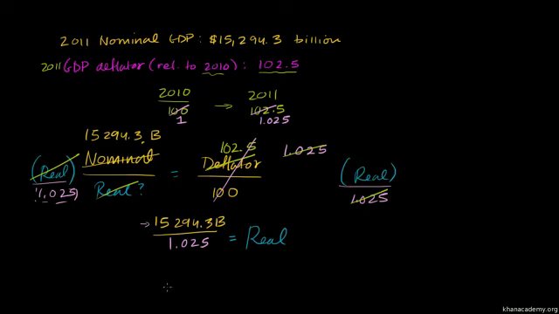Our real GDP is equal to 14,921.3, I'm rounding, billion dollars. That is equal to our real GDP. 14,000 billion, or 14.9 thousand billion, is the same thing. You could also write this as 14.9213 trillion dollars.